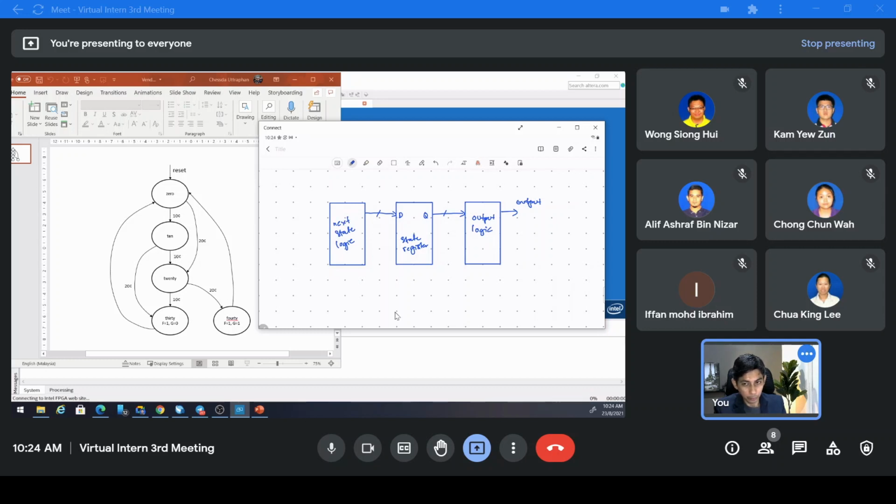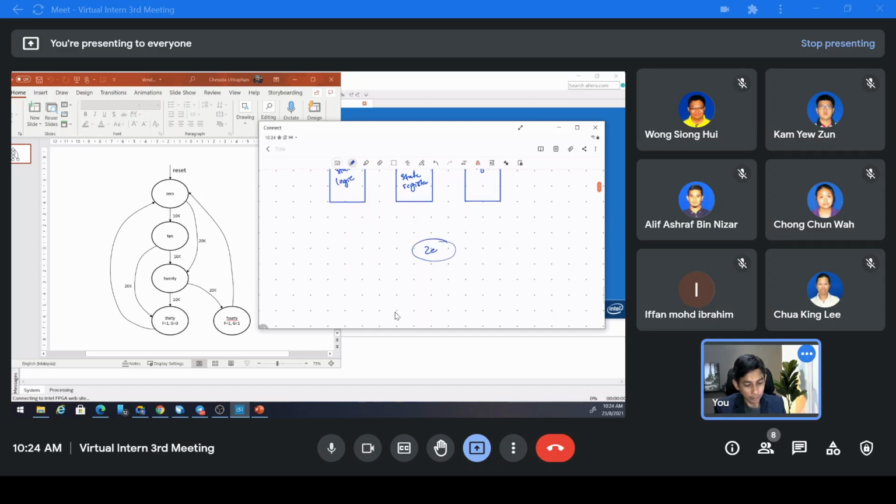So what we need is that state 0 needs to be represented with a number. In our case, it is a binary number. State 10 in this case needs to be represented by a number also.